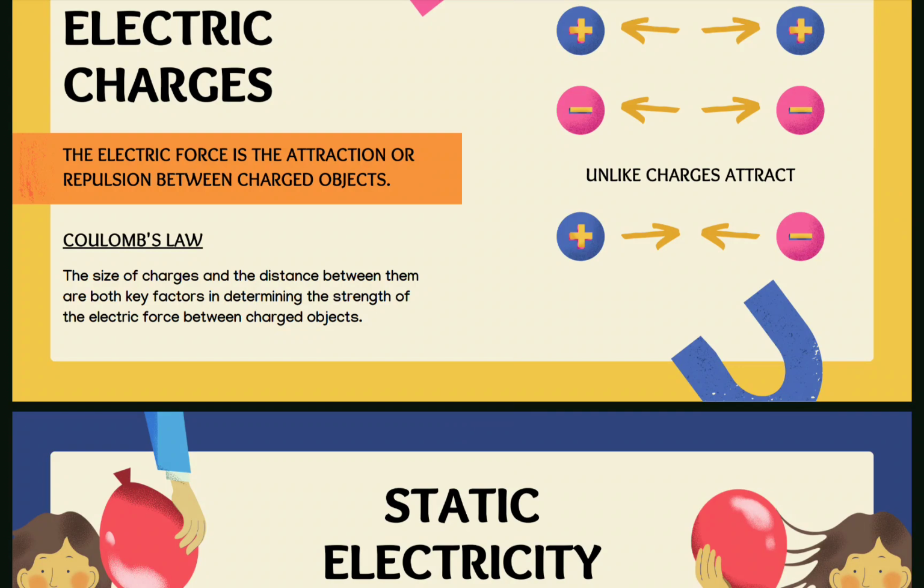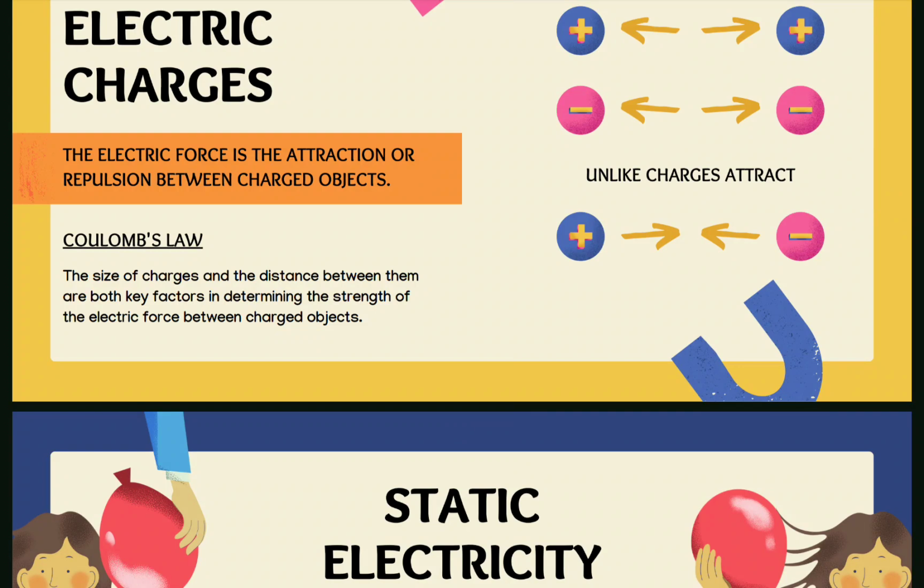What does he mean to say? That the sizes of the charges means the sizes of protons and the neutrons, and the distance between them, like at what distance they are placed, whether they are 1 centimeter apart or 10 centimeters apart.